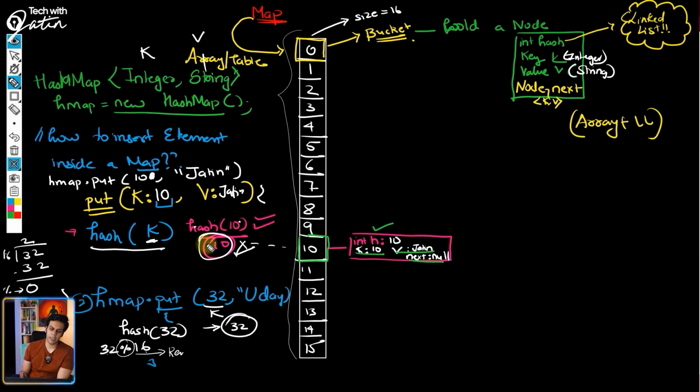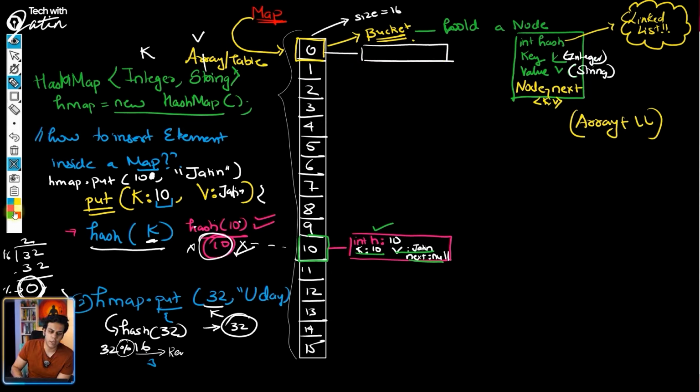So, over here guys, directly the number does not become the hash code. We have to bring it down into a range of 0 to 15. And for that, we are using the modulus operator. So, now that I got the remainder, this becomes the index of your bucket. So, on the 0th index, my dear friends, a node will be created.